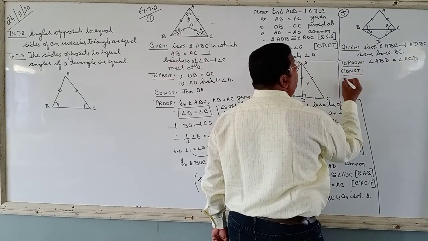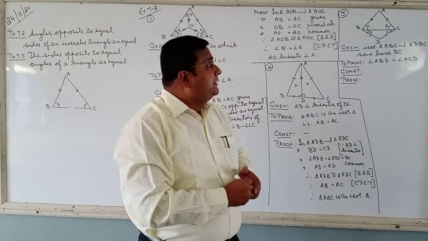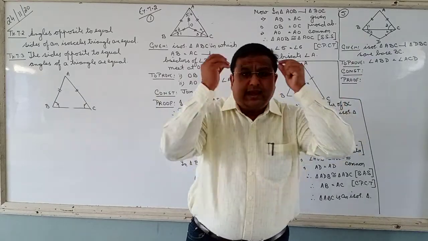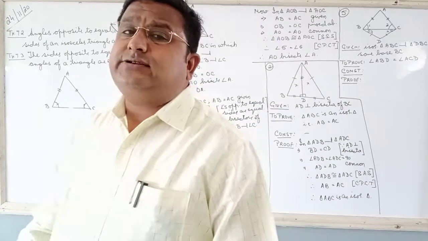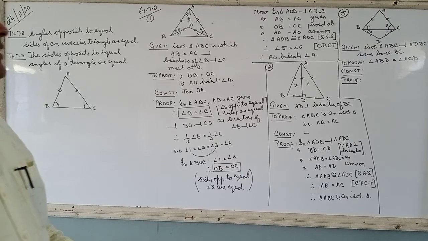Construction not required. Proof. As you can see, it is an isosceles triangle, so we can clearly state that in an isosceles triangle, if the opposite sides are equal, then the angles opposite to them are also equal. So that is what we have to write.